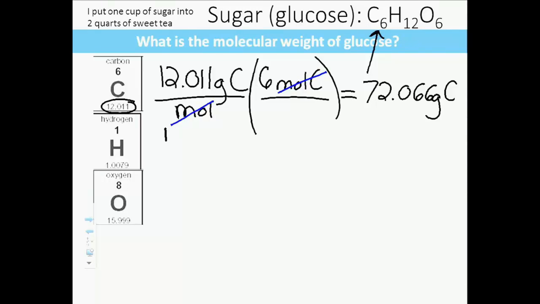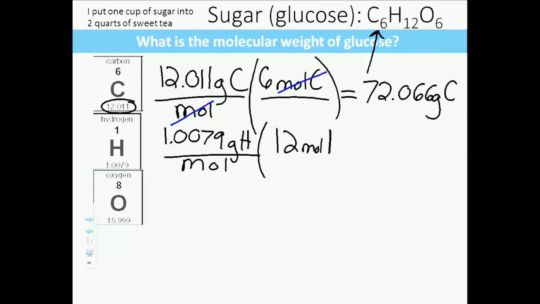So hydrogen now, 1.0079 grams of hydrogen per mole. We have 12 moles of hydrogen. That gives us a total of 1.0079 times 12, 12.0948 grams of hydrogen.